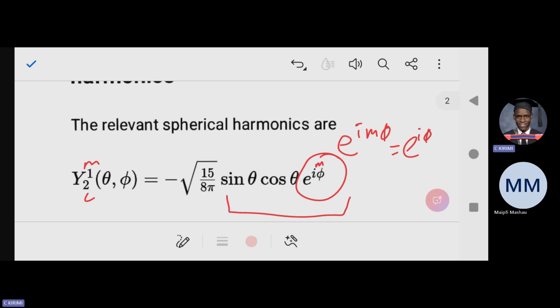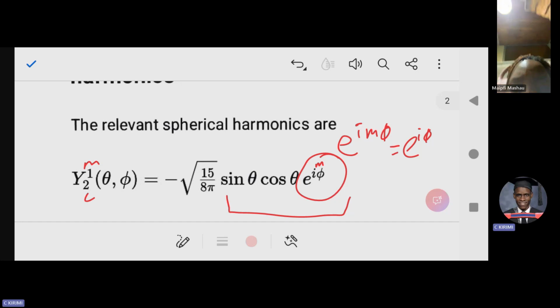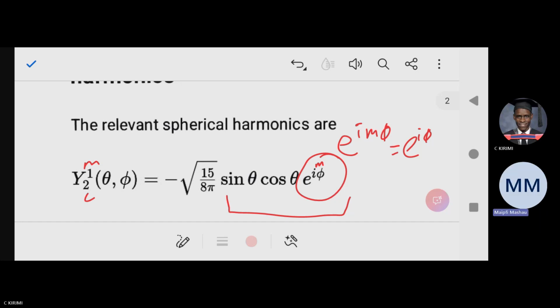Are you given the spherical harmonics? I'm lost. You mean for this equation, the relevant spherical harmonics where m is 1?